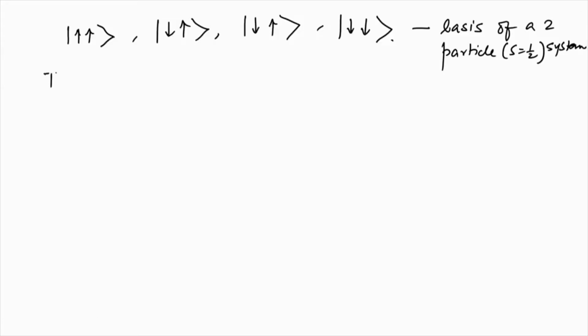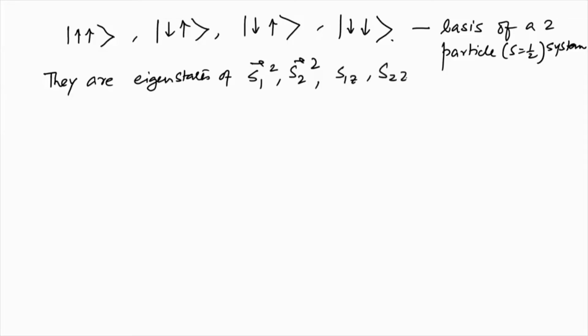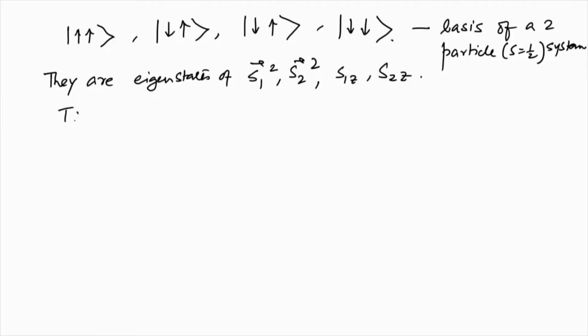So, they are eigenstates of S1 square, S2 square, S1z and S2z. So, the total spin S can be 0 or 1. Okay. So, now we can see how these total spin operators act on each of these states.